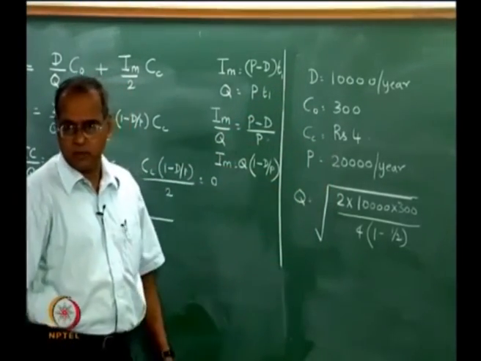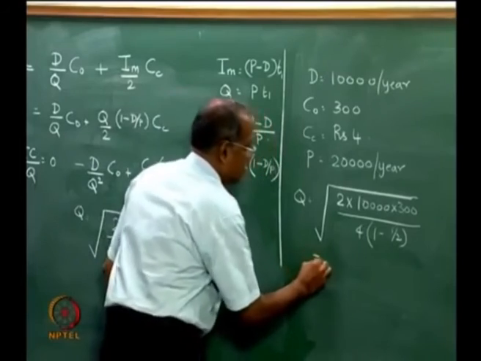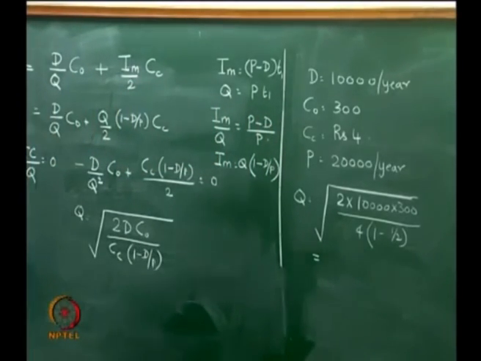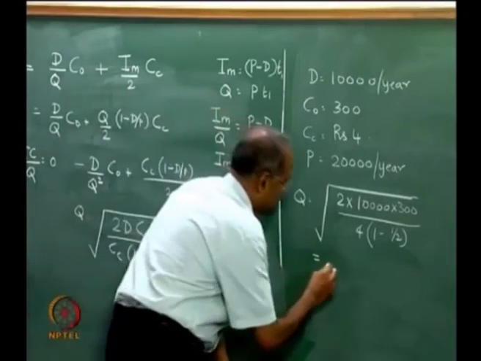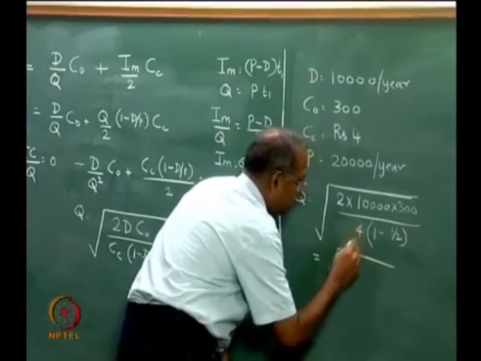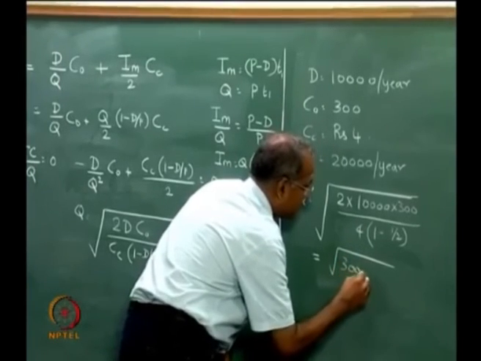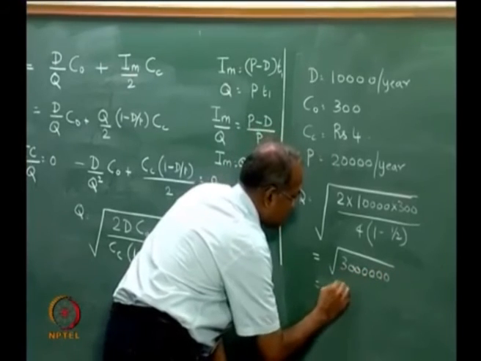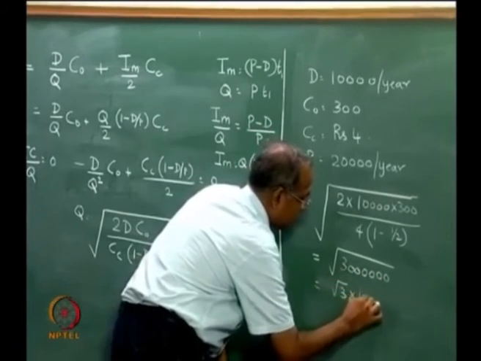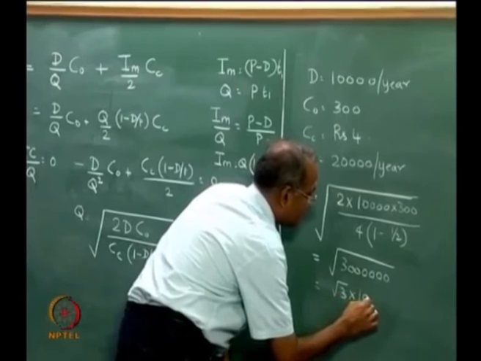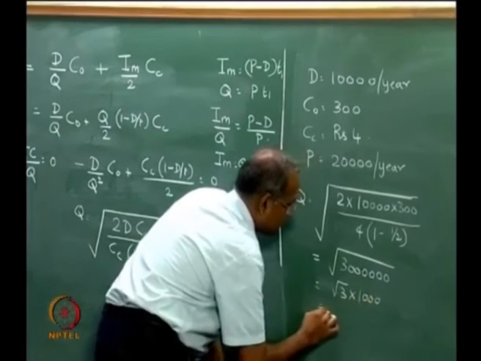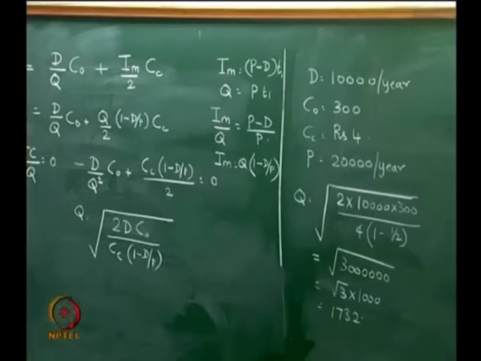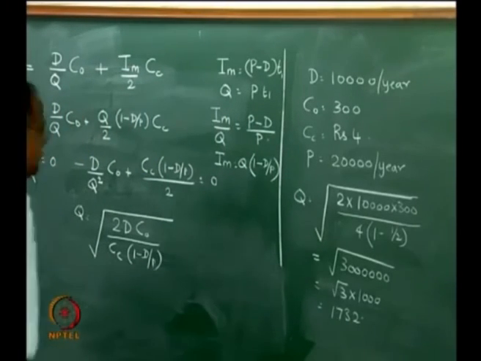So, 1 minus 1 by 2. So, this will give us 4 into 10,000 into 300 divided by 4, which is root over 10,000 into 300, this will be root 3 into 1000, this is 1732.05.